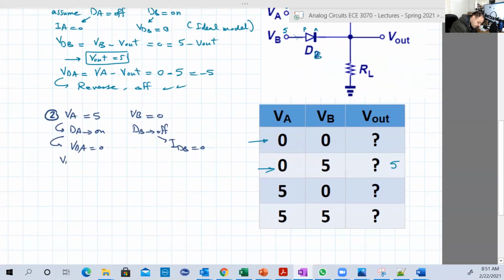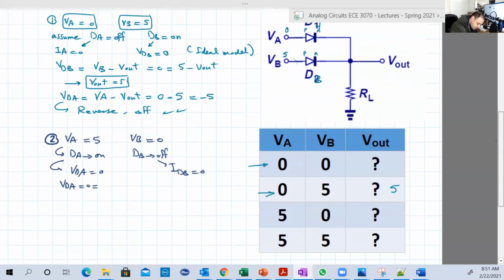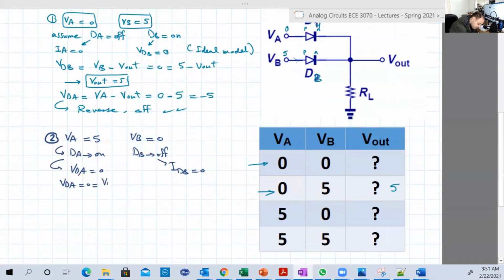So VDA, which is 0, equal to VA minus V out, which is unknown here. VA is 5, and V out is unknown. So 0 equal to 5 minus V out, so basically V out equal to 5.